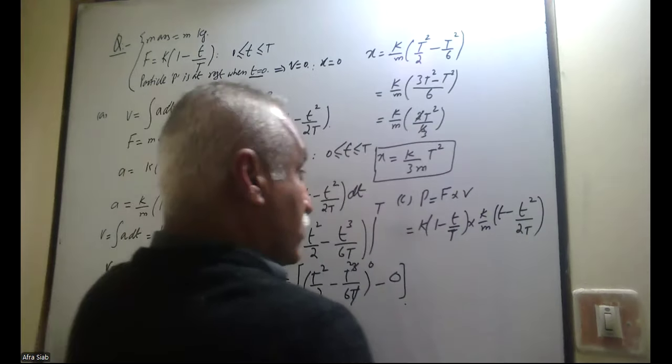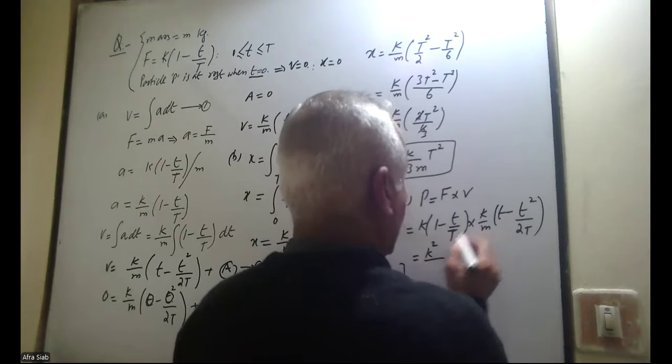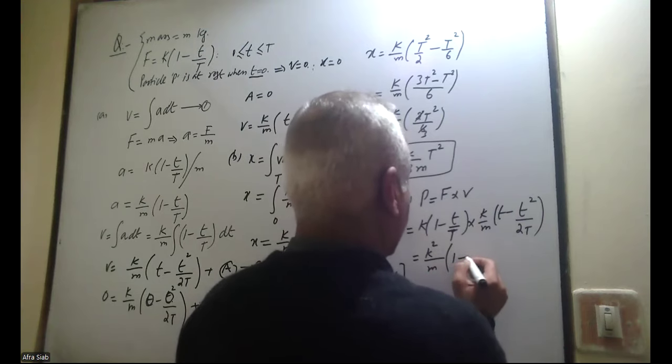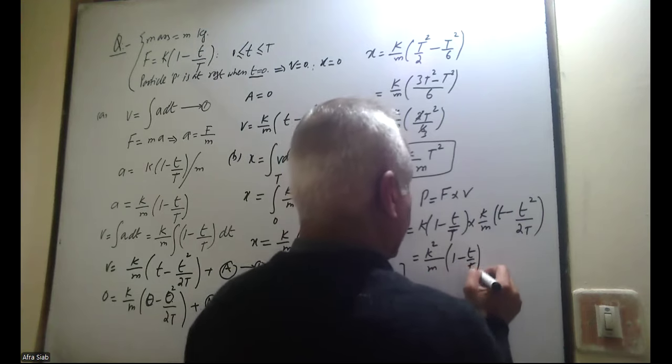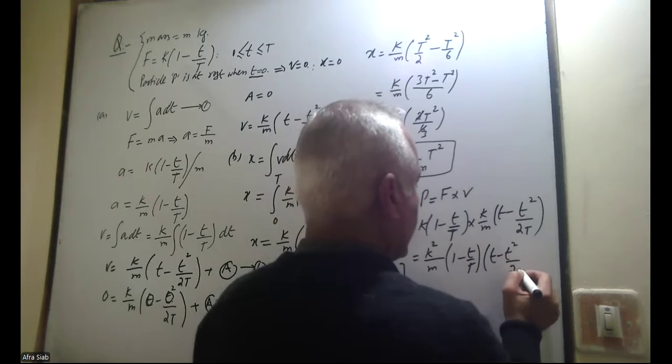So this will be equal to k²/m times (1 - t/T)(t - t²/2T).